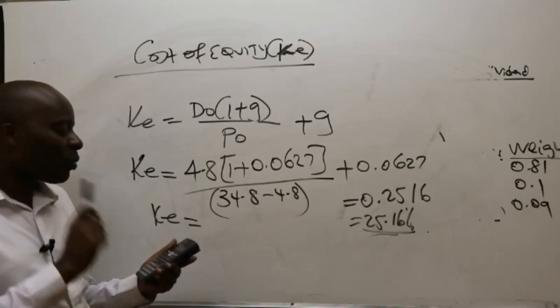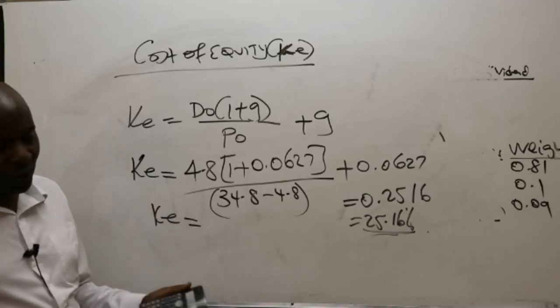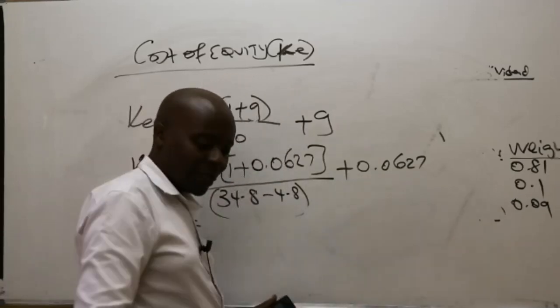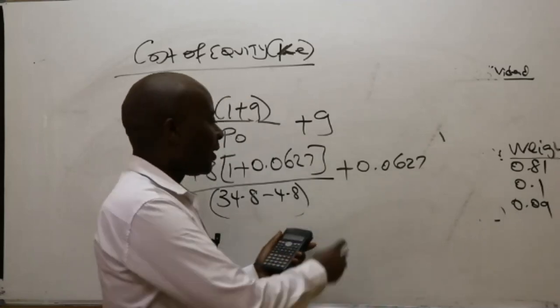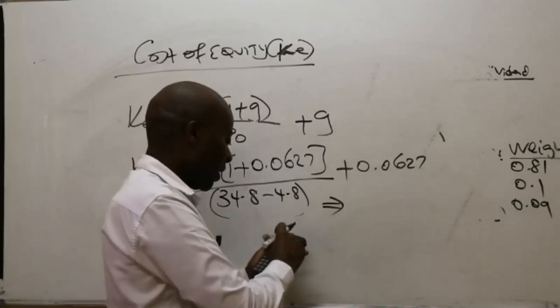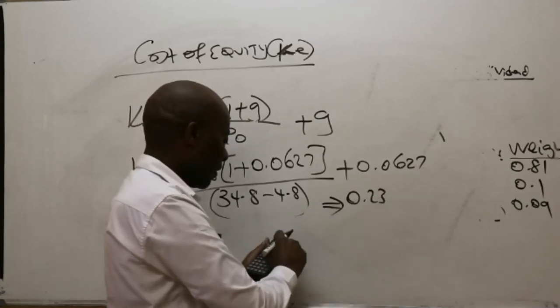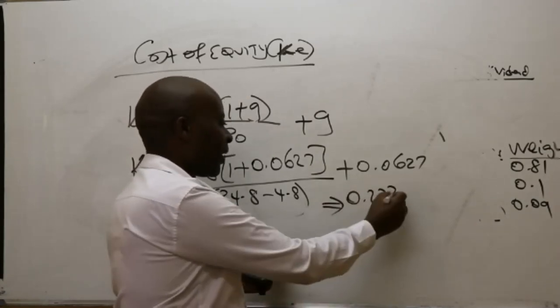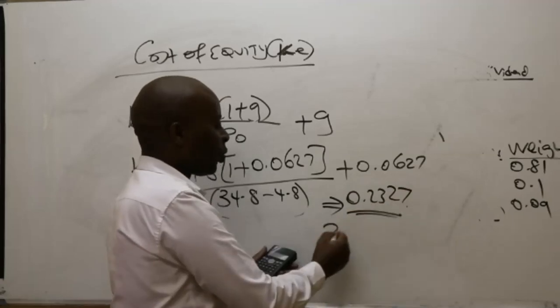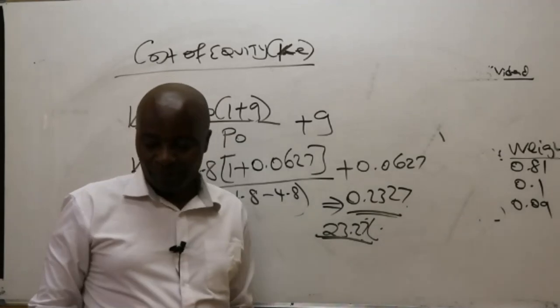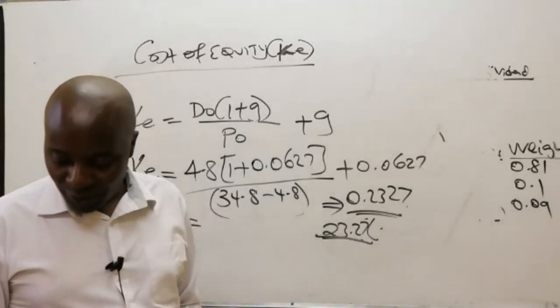Yeah, it's supposed to be 0.2327. So you guys are correct. You are ahead of me. You're brighter than me by far, and that is how it's supposed to be. There is no way a parent can ever be wiser than the kid. So 23.27%. Thank you very much.